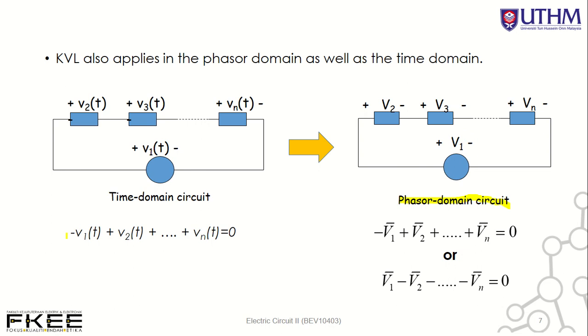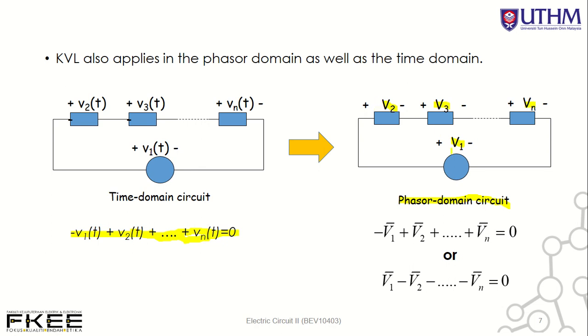This is the KVL for the time domain circuit. Similarly, when you convert from time domain to phasor domain, your v(t) becomes capital V. Please bear in mind that in the phasor domain, either in polar form and so on, your notation for voltage, current and Z should be capital. This is V1, V2, V3, and Vn.